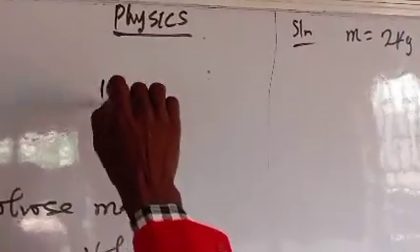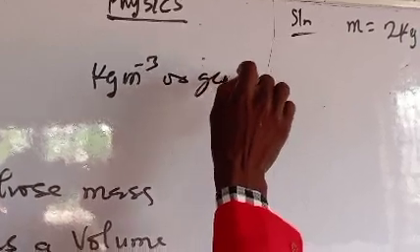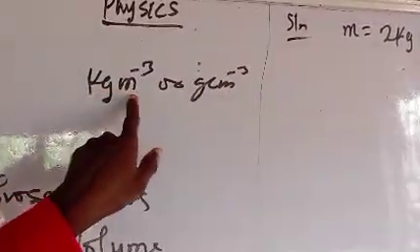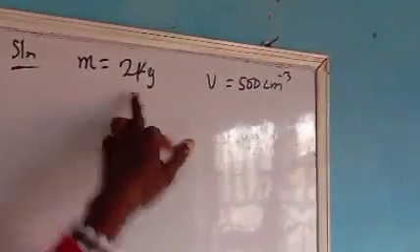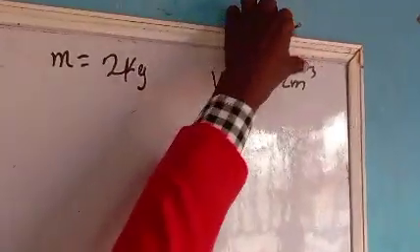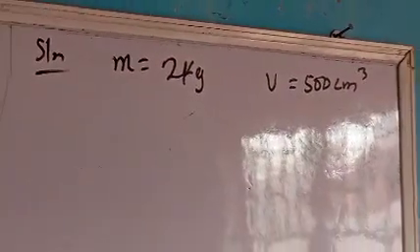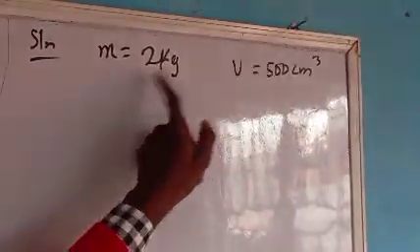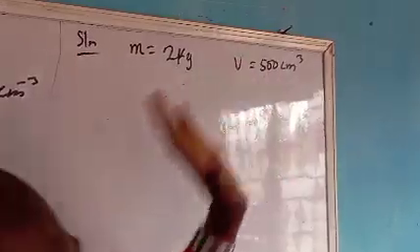I said that density, we are either measuring with this or gram per cm cube. If you look at these two units, this one is kilogram per meter cube, this one is gram per cm cube. But if you come here and you have kilogram, you have cm cube. Yes, cm cube here. Now, it shows that one of them needs to be converted. There must be a conversion done here. How do we convert? Which of them are we to convert?